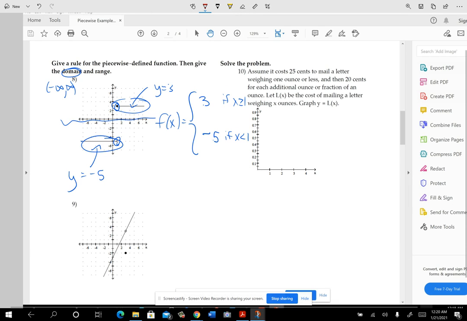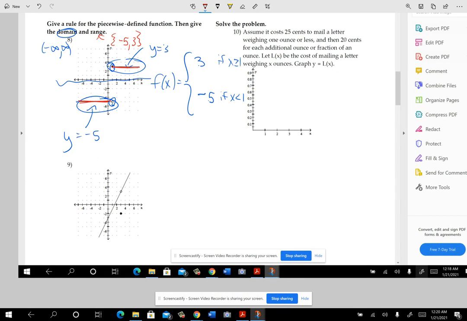When you do range, you actually only have 2 possible values. Not the interval between -5 and 3, but the set consisting of -5 and 3. No other numbers, just those 2 values. So discrete spots.